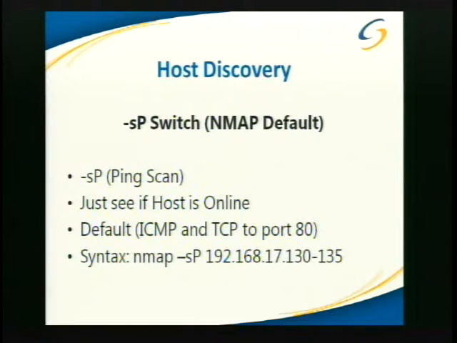It's going to send an ICMP echo request to the other machine, and it's also going to send a SYN packet or an ACK packet to port 80, depending on the operating system that you're using and the level of privilege. So again, right here, nmap -sP followed by the targets to scan.